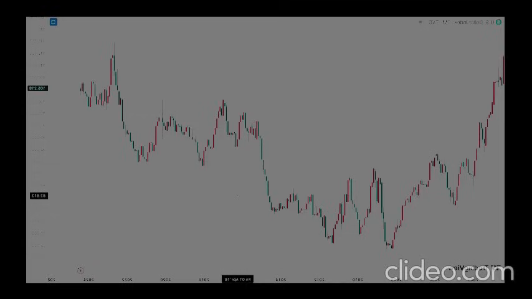Guys, this is DXY. I mean, this is DXY on monthly time frame.